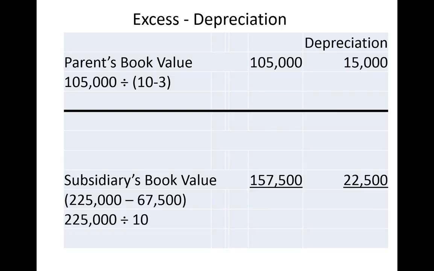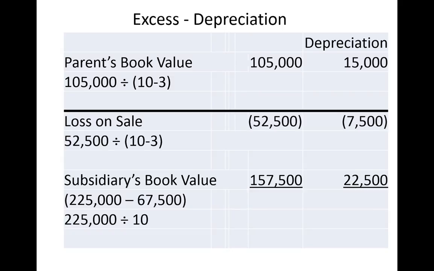So in this example, because there's a loss, the parent is not taking enough depreciation. So they're under depreciating the asset. What we have to do is, on the consolidated records, we need to bring the depreciation to $22,500.